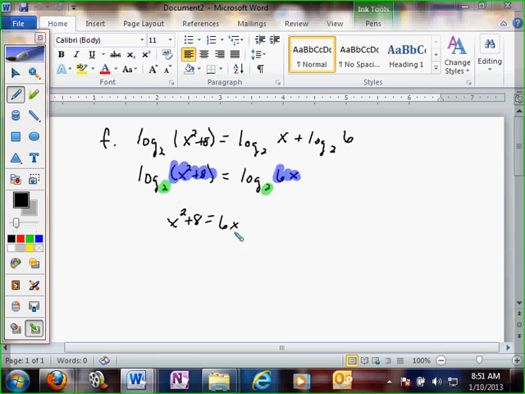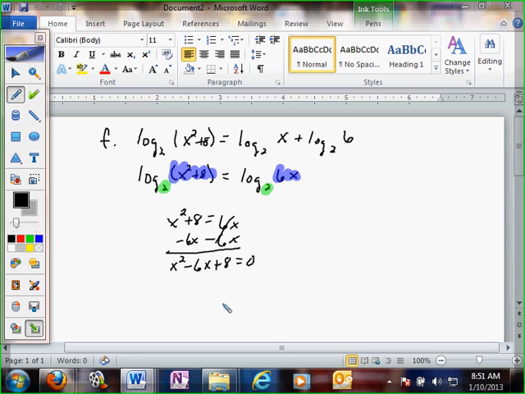And so, since you have an x squared term and you have an x term, you have to factor. So I need to set it equal to 0. So I have x squared minus 6x plus 8 equals 0.